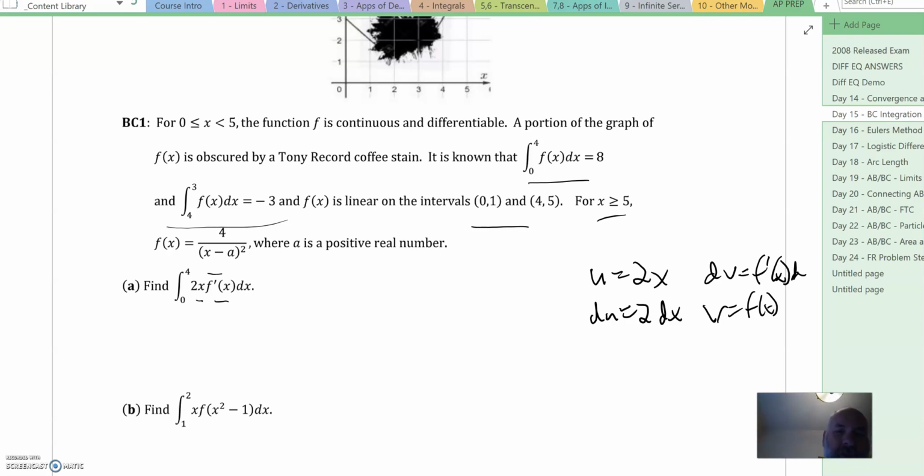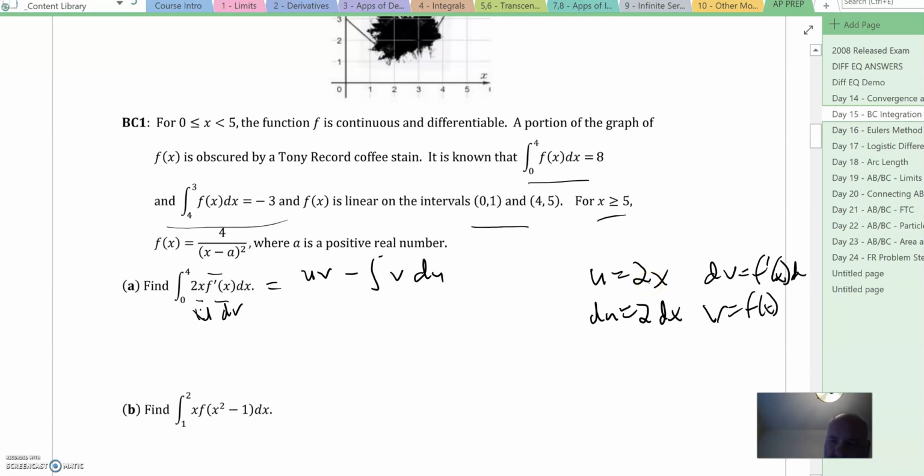So this is the integral of u dv, right? And remember that that's equal to uv minus the integral of v du. So we just plug the stuff in.